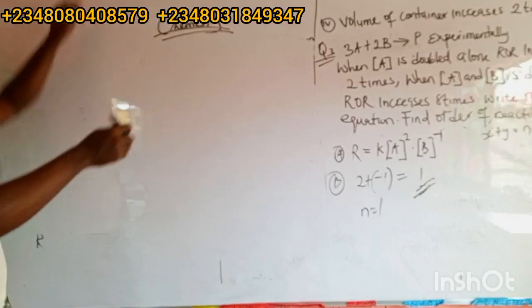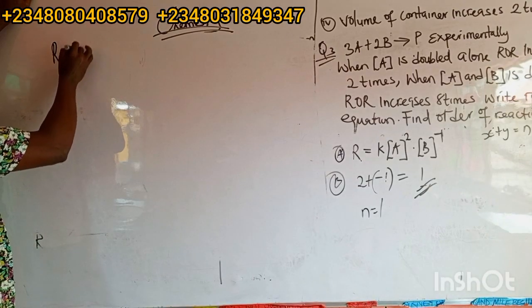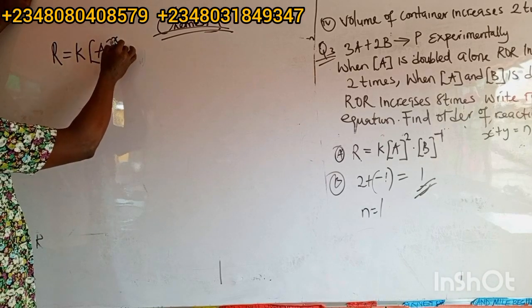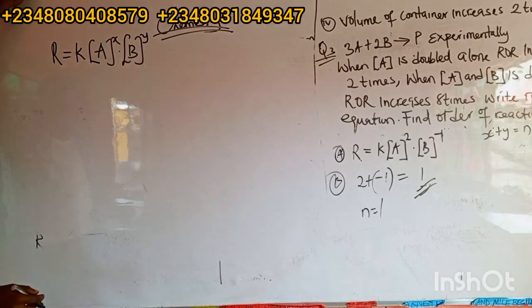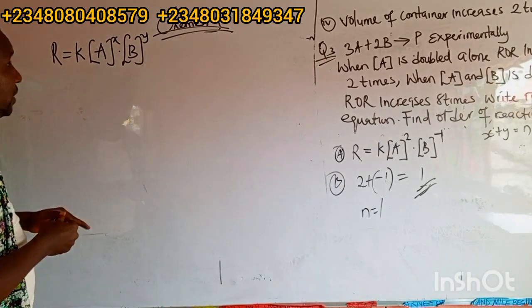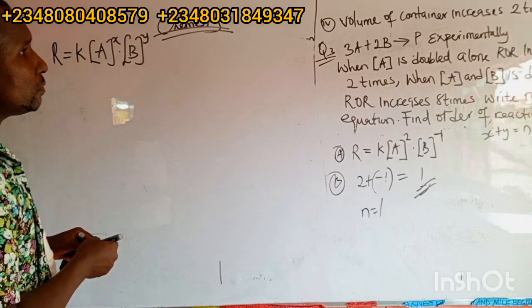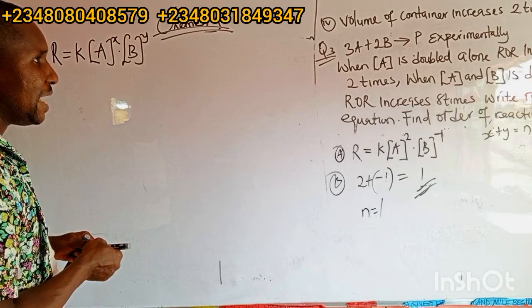Listen, we all know for concentration of A and B, we have R equal to K, A raised to power X, B raised to power Y. You know this rate law, experimentally, that's what we have. Now, when A is doubled alone, rate of reaction increases 2 times.